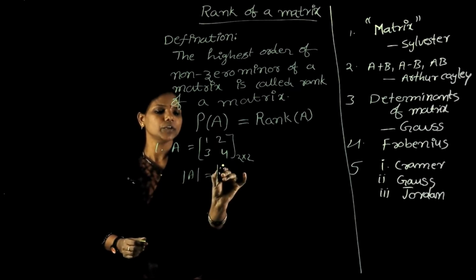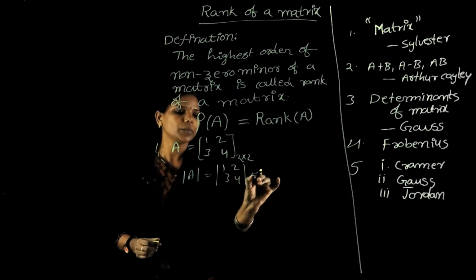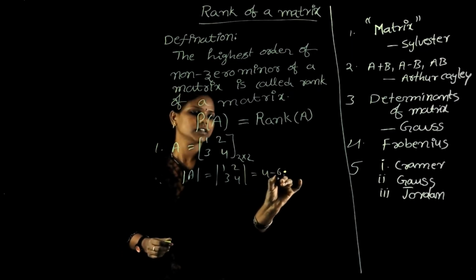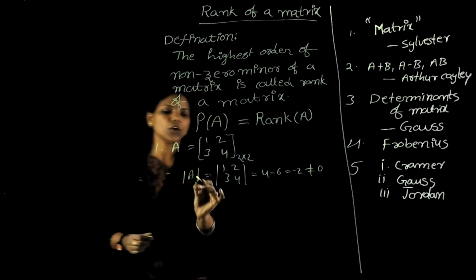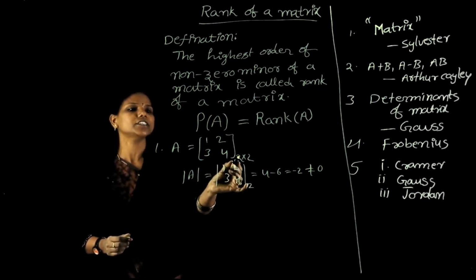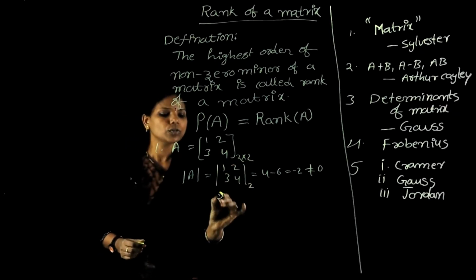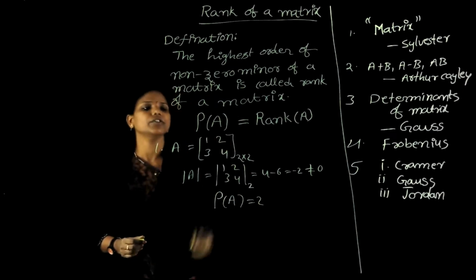It will be 4 minus 6, it is minus 2. It is non-zero. What is the order of this minor? 2, because the order of this matrix is 2 by 2. So, rank of this matrix A is 2 according to our definition.